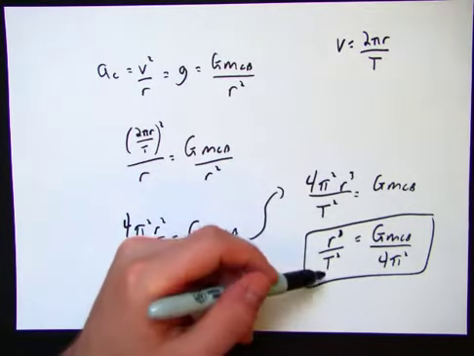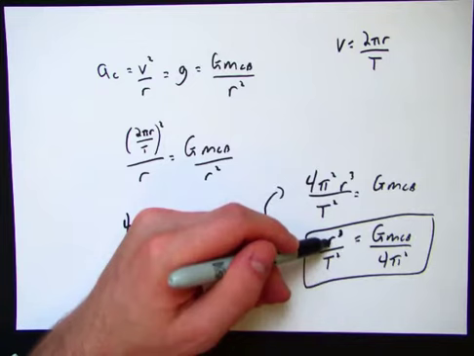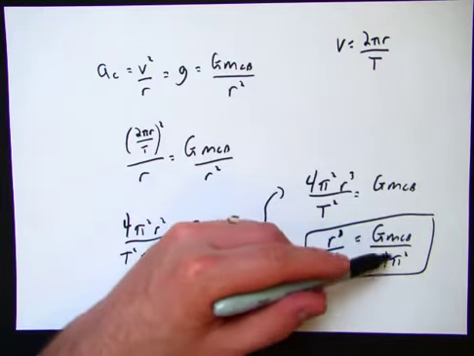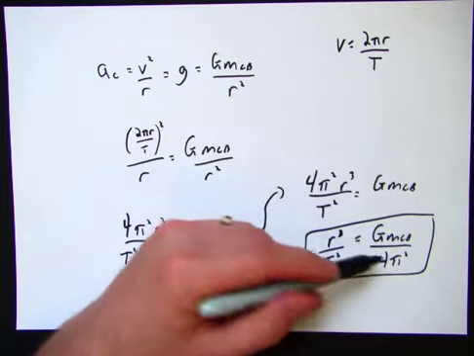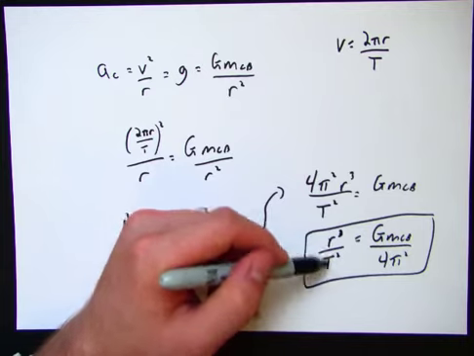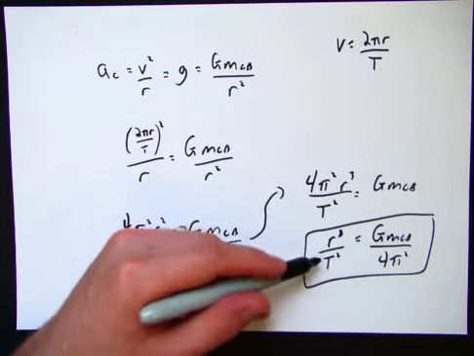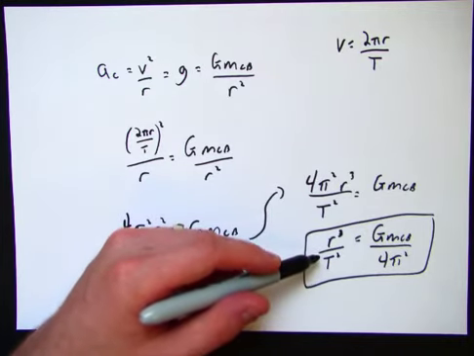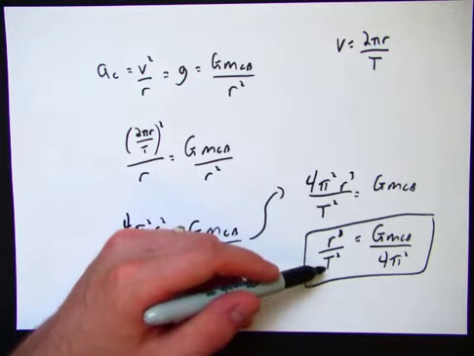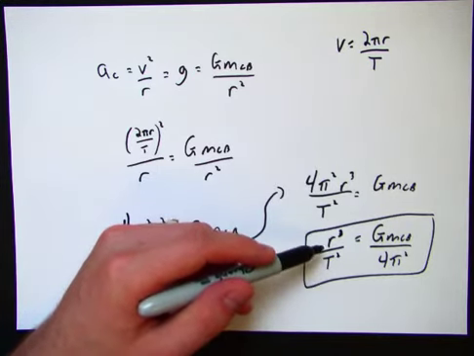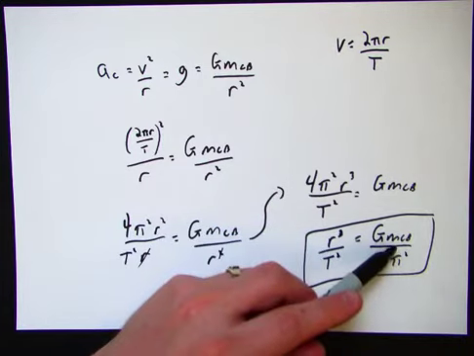Now I may show this in my notes as T squared over r cubed is equal to 4 pi squared over G M cb. It's the same thing, just flipped. The important thing here is, what does this mean? Kepler's third law essentially says that any planet going around a center body only depends on the mass of the center body.